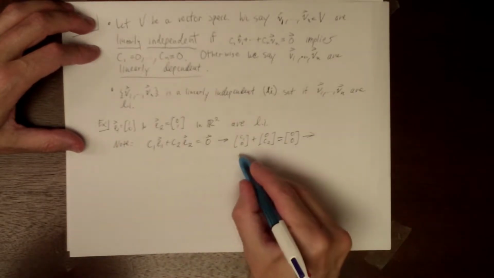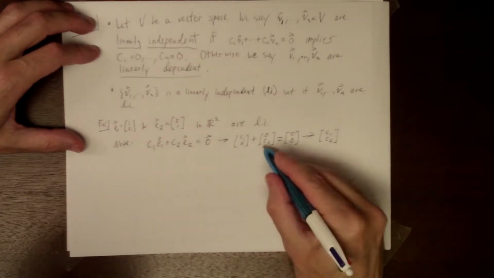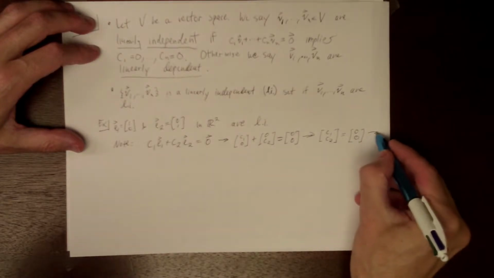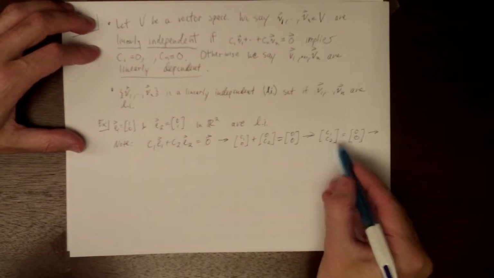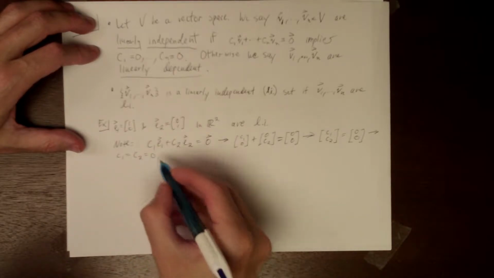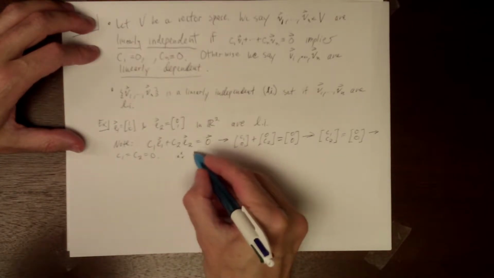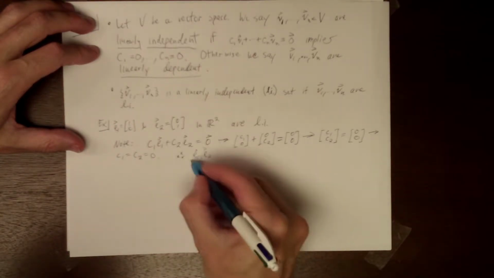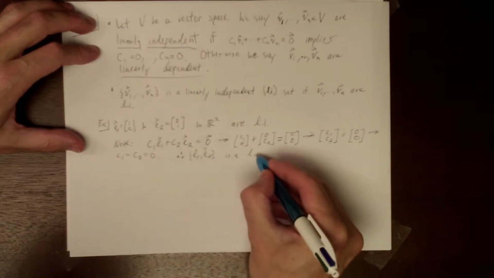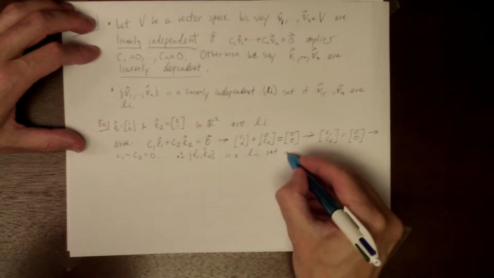Then adding these two vectors gives you c1, c2 on the left-hand side, and on the other side you got 0, 0. And now you can see that c1 is 0 and c2 is 0. Therefore, e1 and e2 is a linearly independent set in R2.